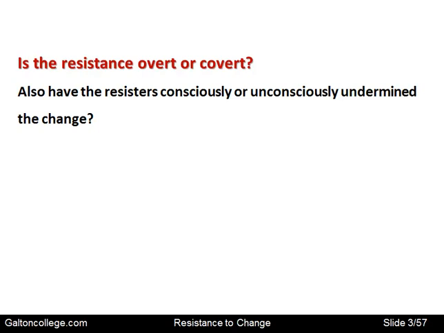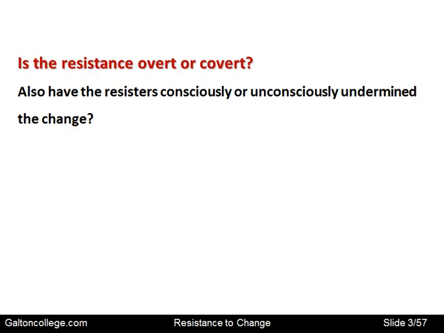Also have the resistors consciously or unconsciously undermined the change, because sometimes resistors, the people who resist the change, may have consciously or unconsciously undermined it. Now that means they may have stopped the change, or they may resist the change, and they might do this consciously, they set out to do it, or simply they do it unconsciously. They do it by their actions, by not supporting the change, by not being wholeheartedly behind it.